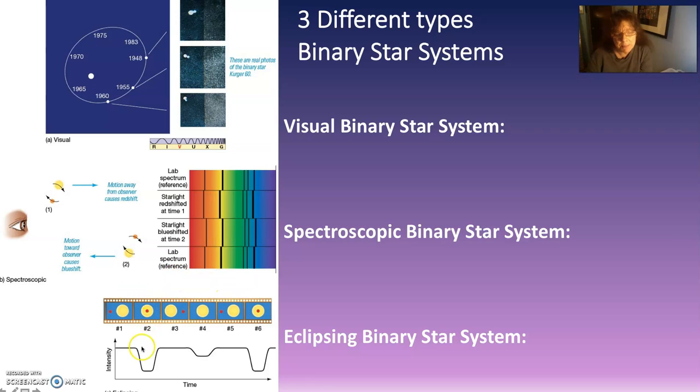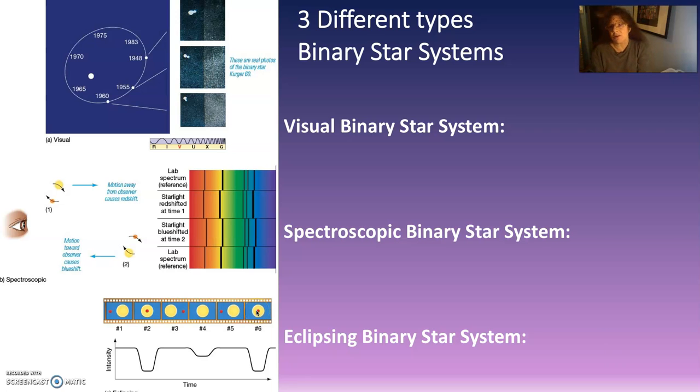So there's a dip here that prevents the bright star from showing all of its light because it is eclipsed. And then there is another dip here when the orbit comes back around again.